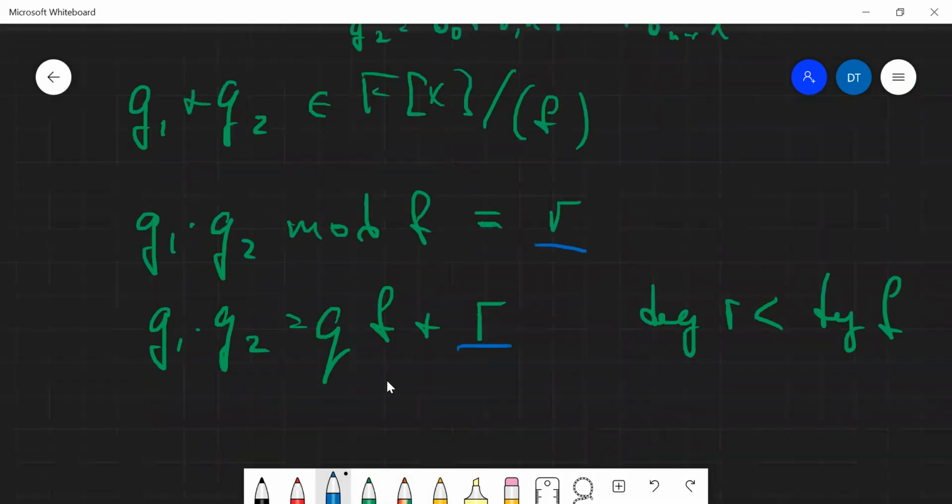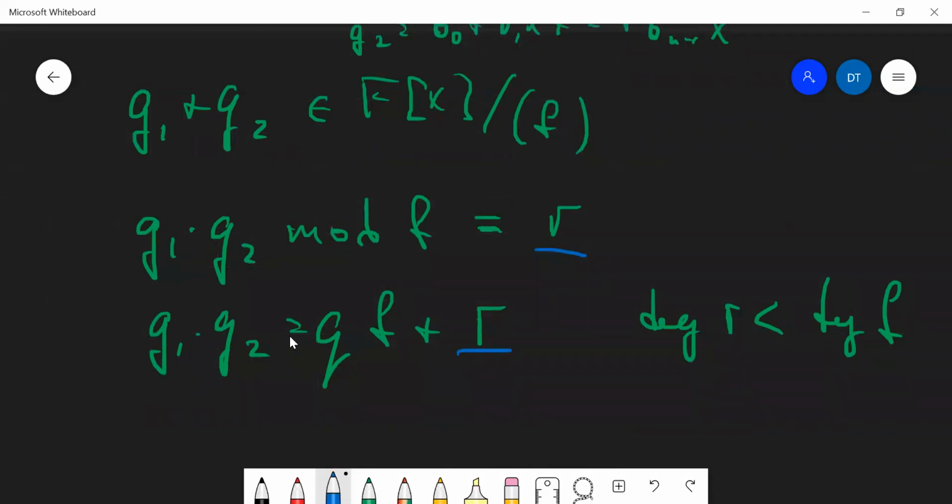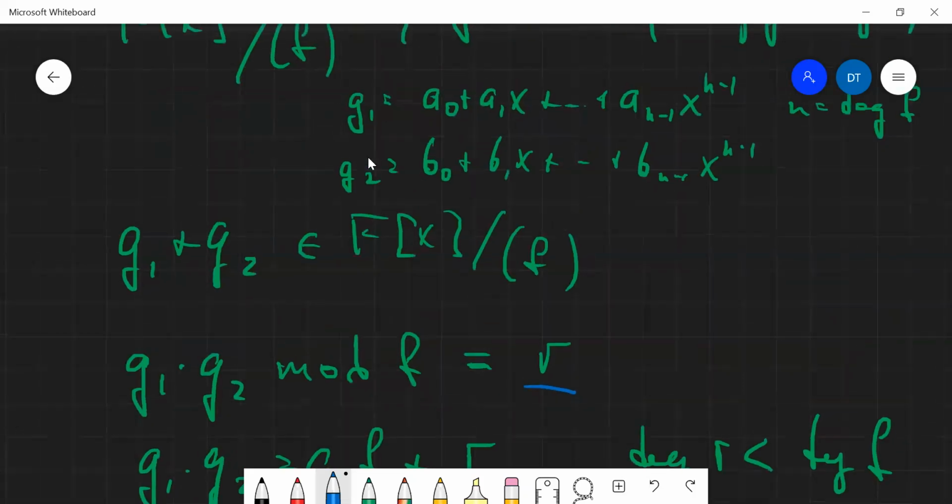And the remainder depends on the polynomial f because we divide the product by the polynomial f. So if we choose a different polynomial f, the remainder will be different. So the product depends on the choice of this polynomial. The addition doesn't depend on the choice of the polynomial, but the product does.